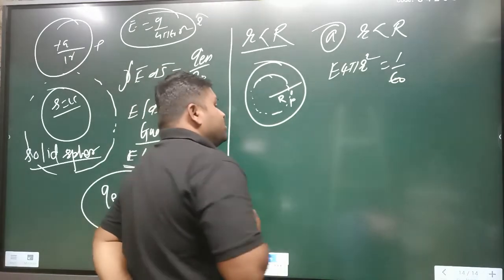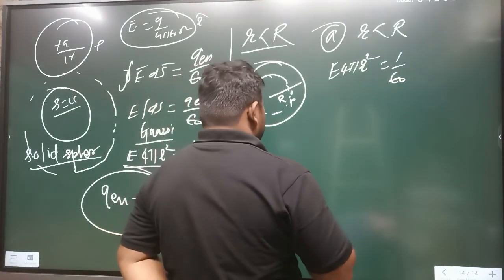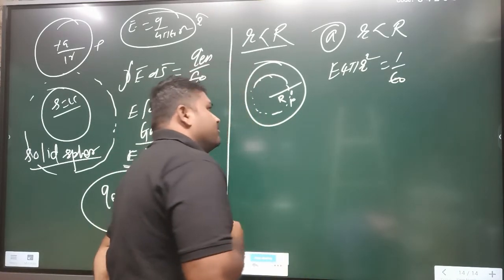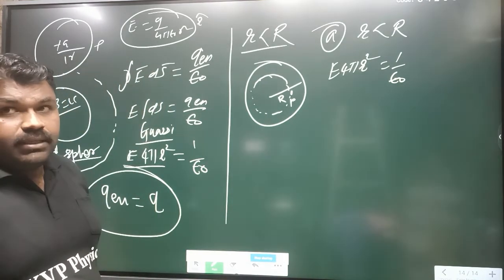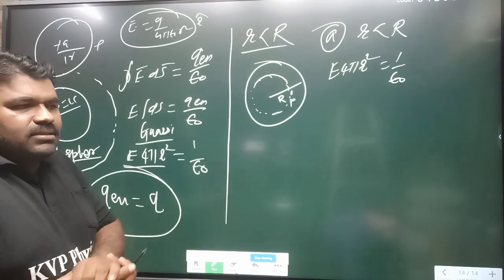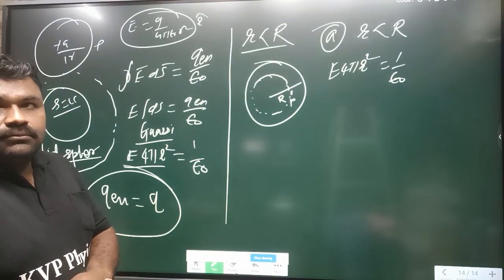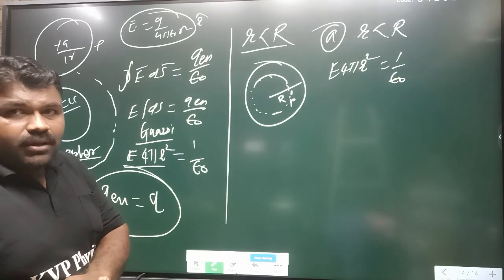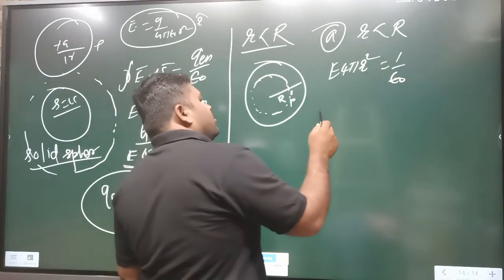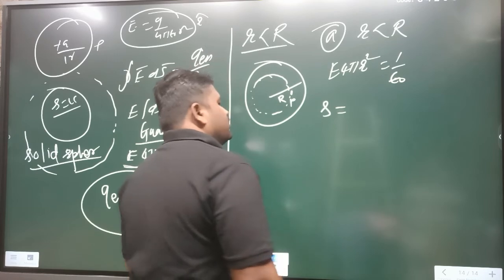Then how do we find it? The system is 1D, 2D, or 3D? 3D. Here volume increases, charge increases, so it depends upon volume also. Then rho is equal to how much?